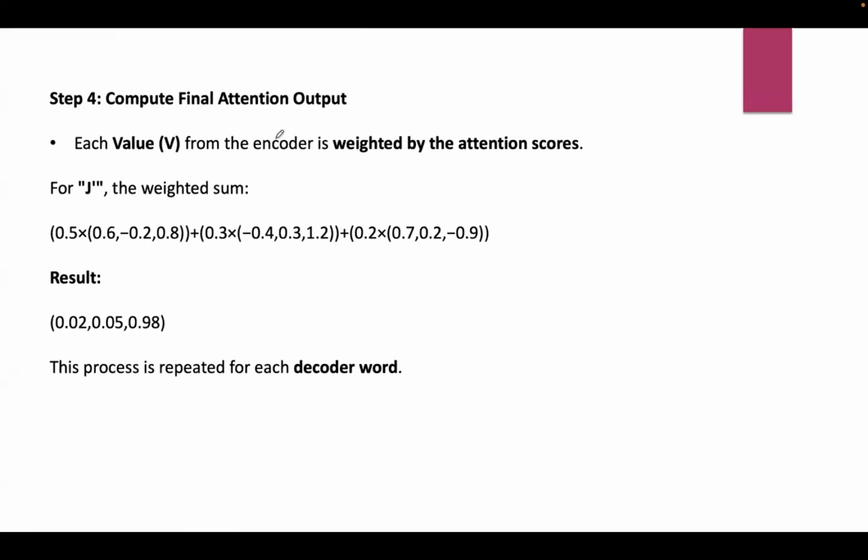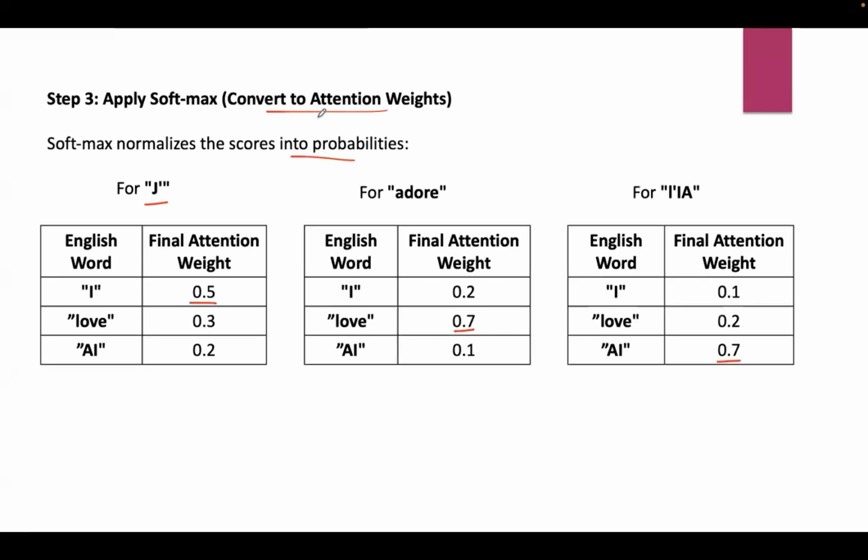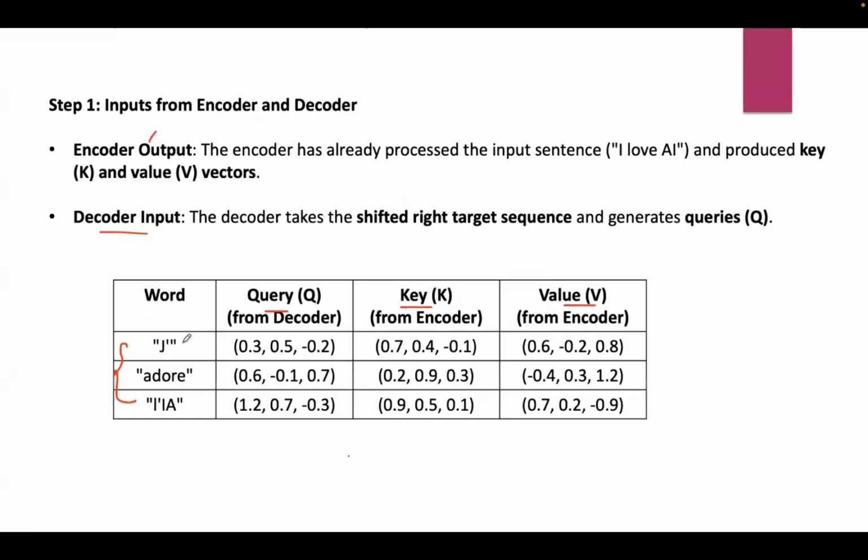Then step 4, compute final attention output. This final attention output is computed using value vectors from the encoder and the attention weights obtained in step 3. So here we are taking the attention weights as well as values from the encoder, and we need to take the dot product between these two.